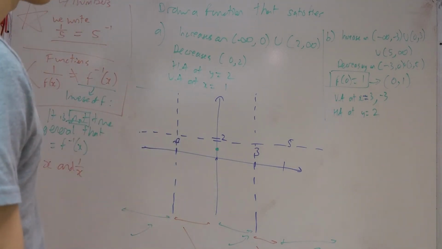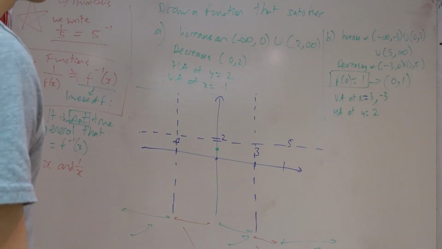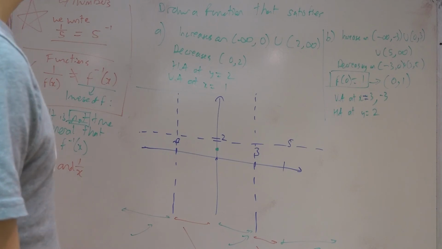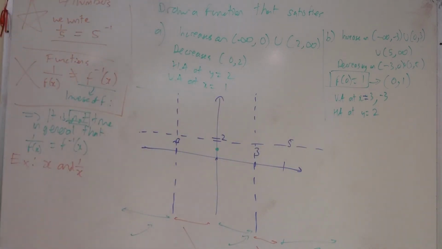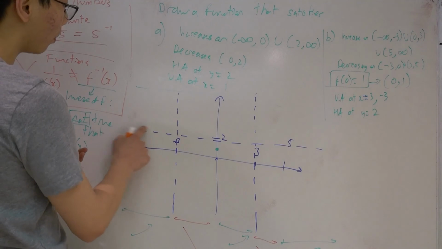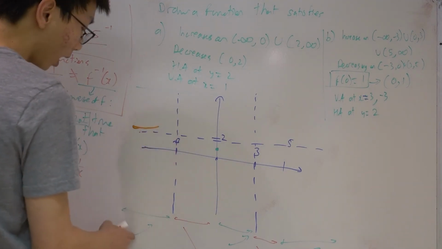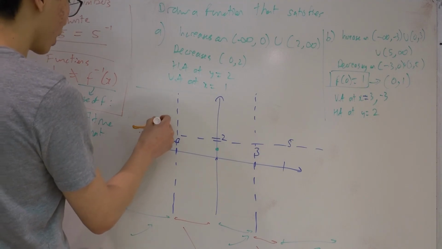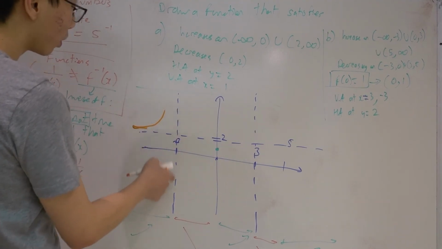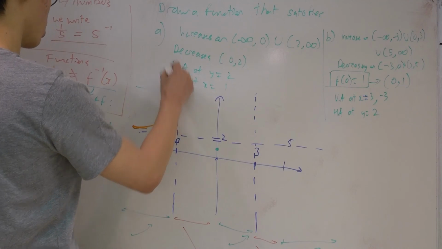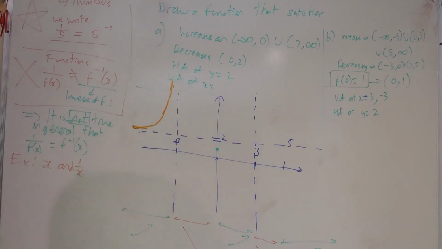So what I want to do now is, let's see, horizontal asymptote at y equals 2. So let's just go above and see what happens. Going above will work because I want to go up, so I can just keep going up. And I see that I'm approaching a vertical asymptote, so why not just keep going up. But now, what do I do here?